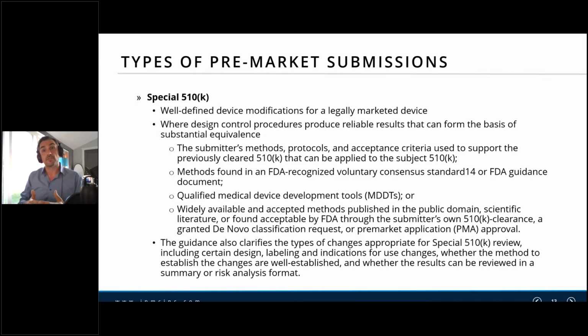Okay, so indications for use changes are typically relatively rare, but it's sort of a slight broadening of the indications for use. Say the surgical methodology has changed, your physicians like the product but just want to use it in a slightly different way, and maybe a slight design change is required. A special 510K is probably where you're going to land on that.